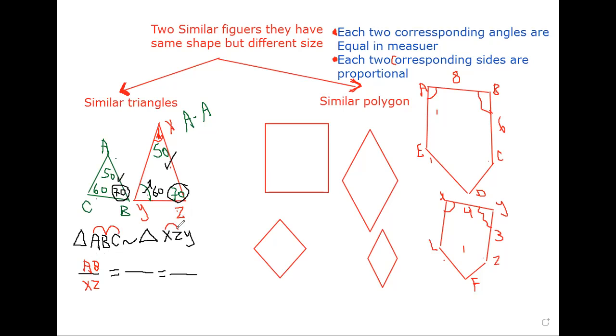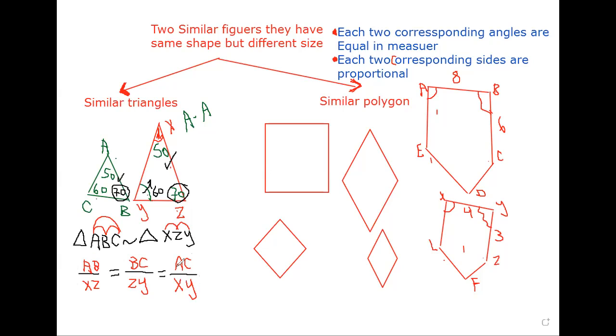BC over ZY. What is the third one? AC over XY.